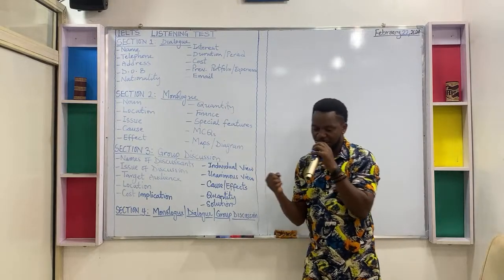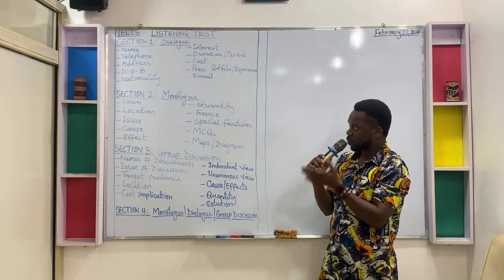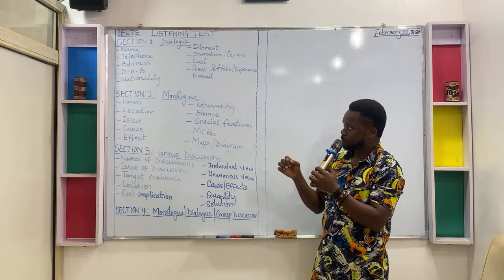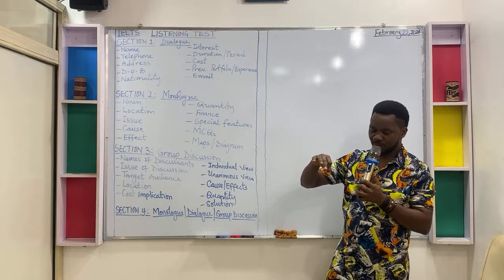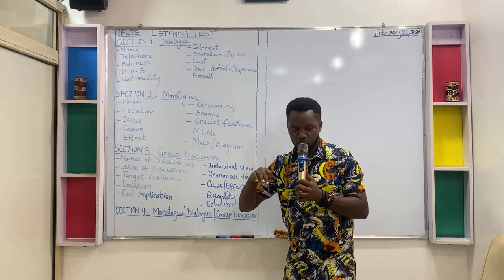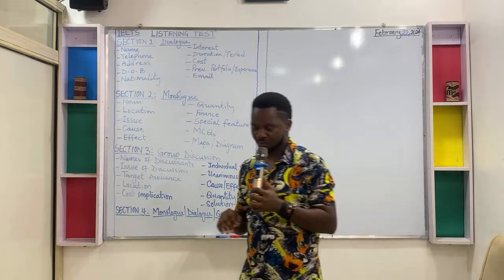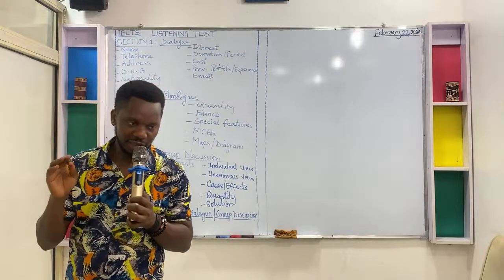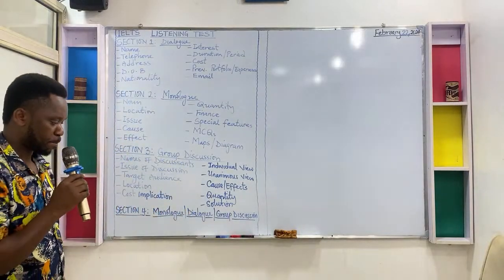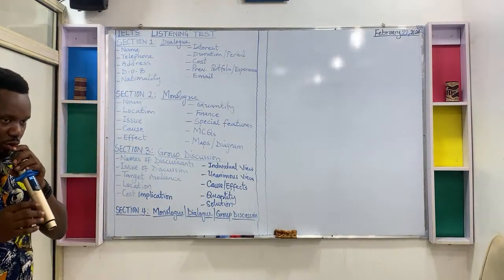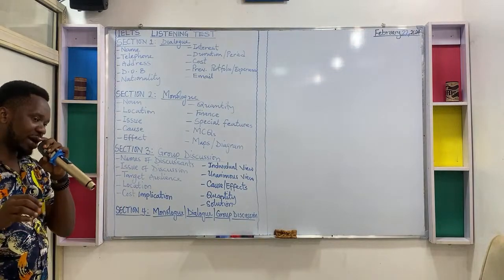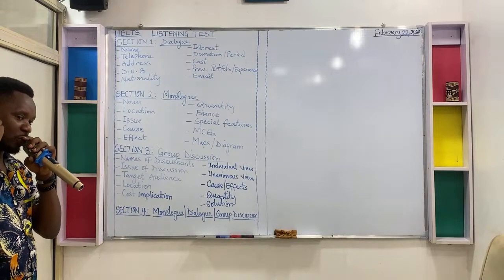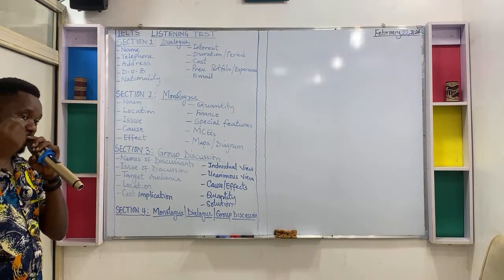So if the name is required to be part of your answers, on your question booklet, a name will be written for you. Then there would be a dash after that first name. So what you'll be required to do would be to write the missing name. Of course, that missing name will be given to you by the audio.